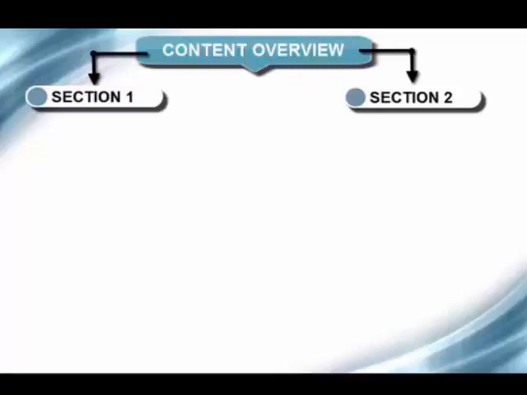As you know, your book consists of 10 chapters, and these 10 chapters are divided into two parts. Chapters 1 to 6 are included in section 1, while chapters 7 to 10 are included in section 2.